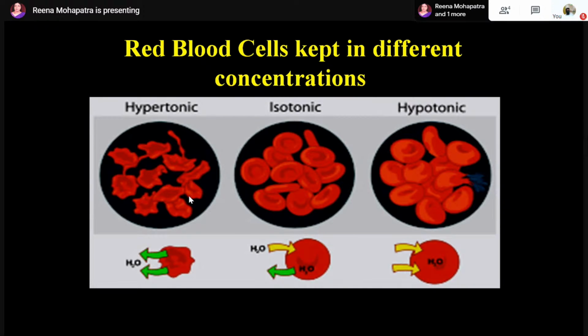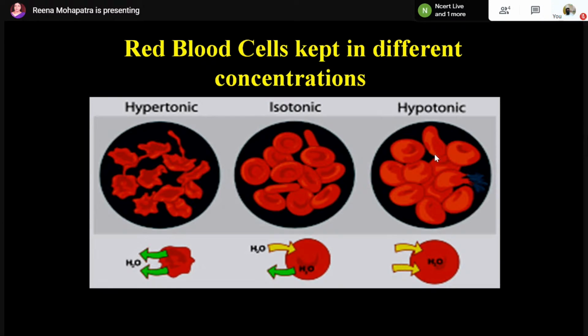Look at this slide. Now if RBCs, red blood cells, are placed in a hypertonic solution, water goes out and the red blood cells become shrunken. They become like this. Understand? In case of hypotonic, if red blood cells are kept in a hypotonic solution, then there will be entry of water.